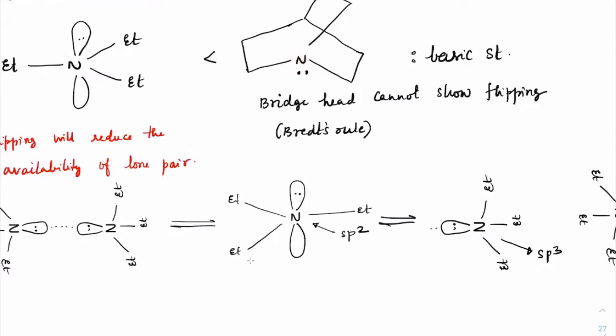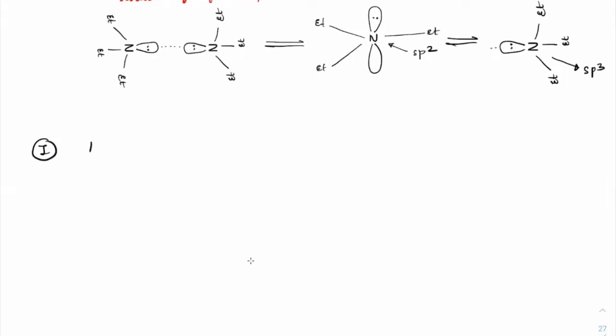Okay, d orbital resonance. Next one is, please write down everyone, d orbital resonance. Now if you see (CH3)3N lone pair with (SiH3)3N lone pair, you may have done this in inorganic also.